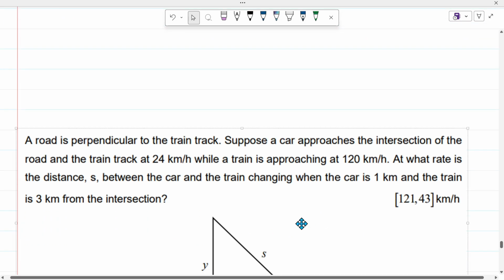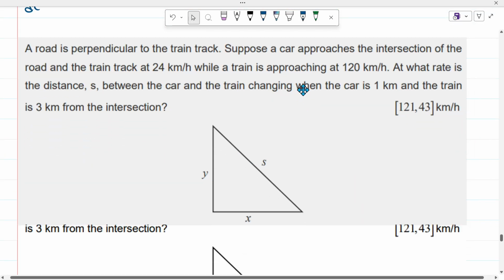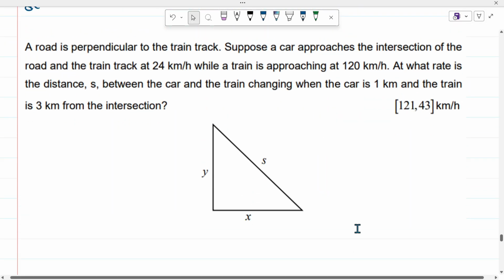Let's quickly check another question. I think this one is a bit trickier. So yeah, we are given that the road is perpendicular to the train track.